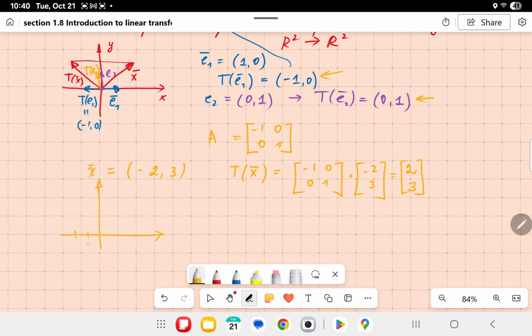Let's do -1, -2, 1, 2, 3. So -2, 3 is supposed to give me a vector looking like this. That's my x. And my resulting vector is 2, 3. 1, 2, 2, 3 is going to give me a vector over here. And yes, this is my t of x. And it looks like it's a reflection, right? Perfect.